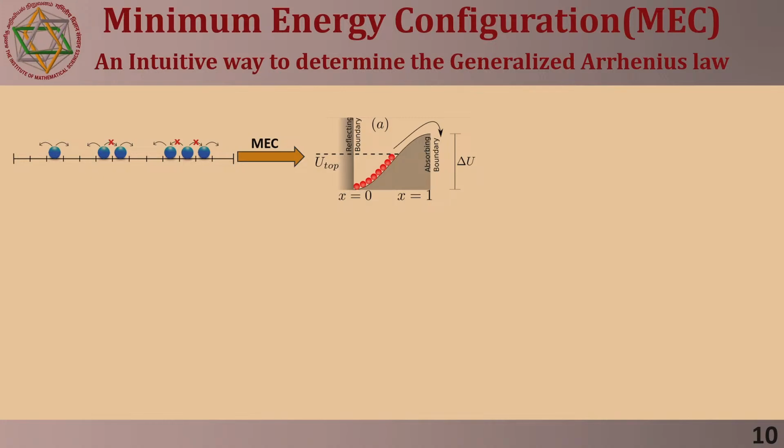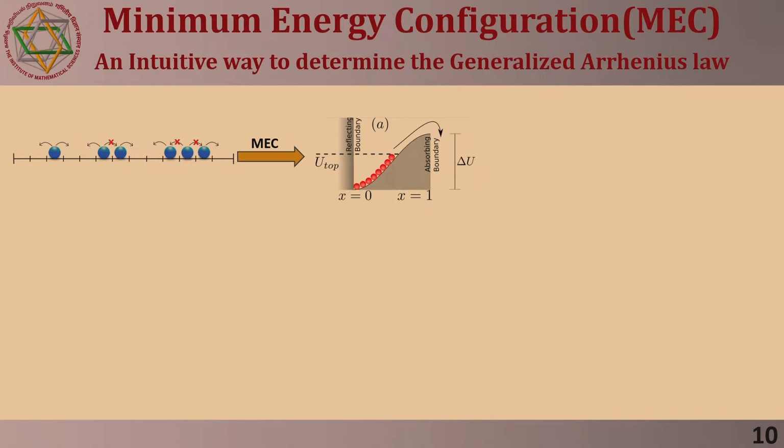For this simple exclusion process, where at most one particle can sit on one site, the minimum energy configuration would correspond to particles stacking up near x equal to 0 as close as they can, as close as allowed by the underlying dynamics of the simple exclusion process. And the topmost particle feels a potential u top in the minimum energy configuration.